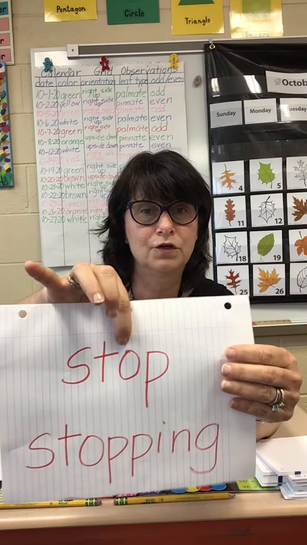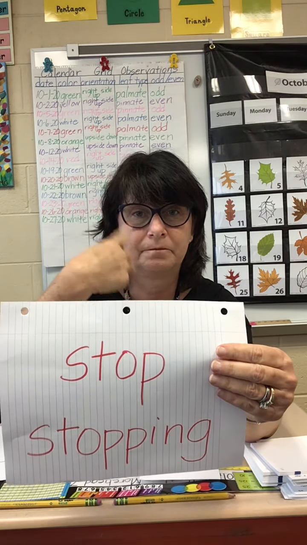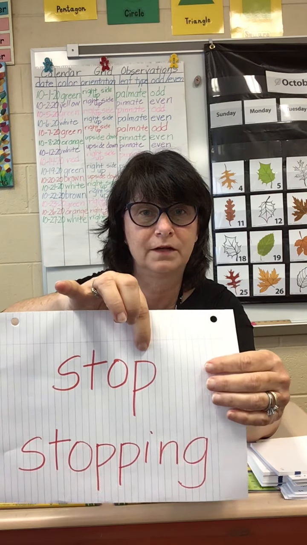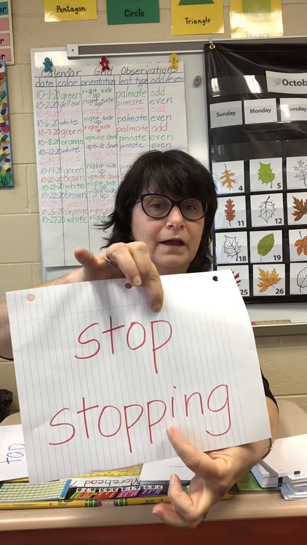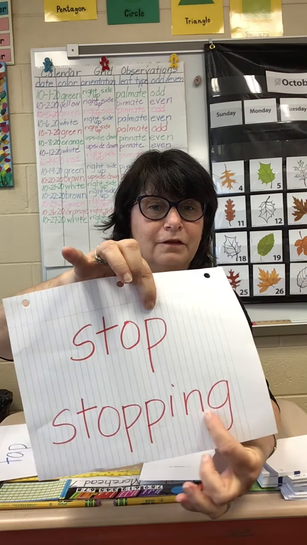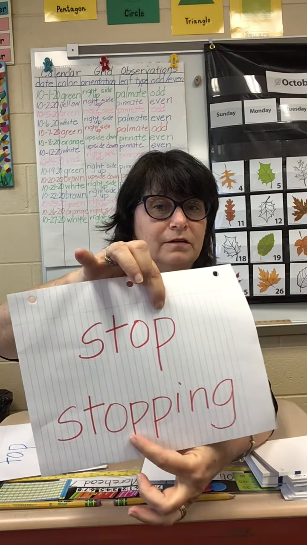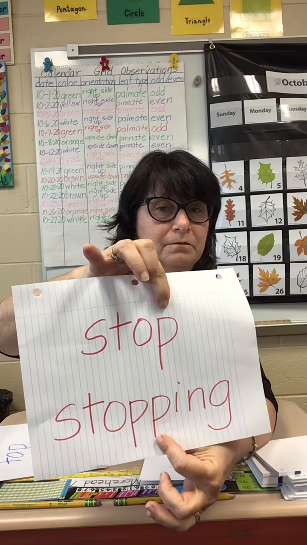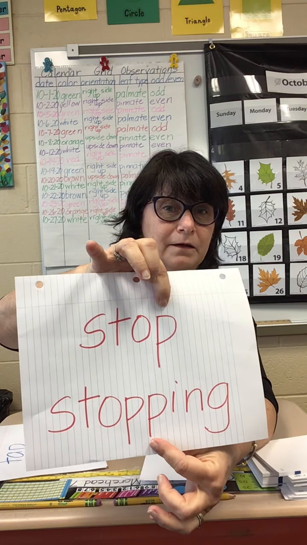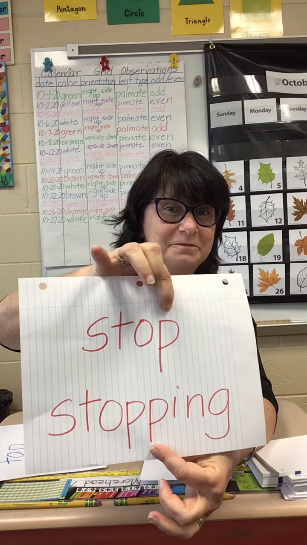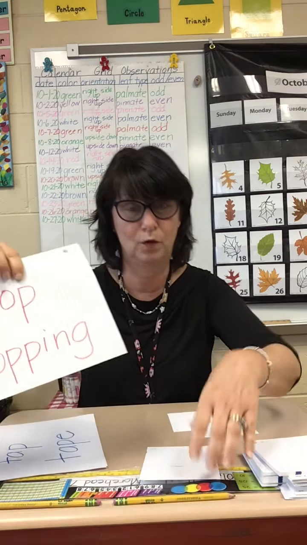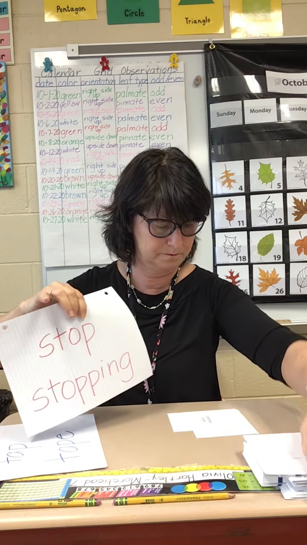It has one short vowel, and it has one final consonant. So before you add a suffix that's a vowel suffix, you have to double that final consonant to turn it into stopping. All right? Got it. 1 plus 1 plus 1.